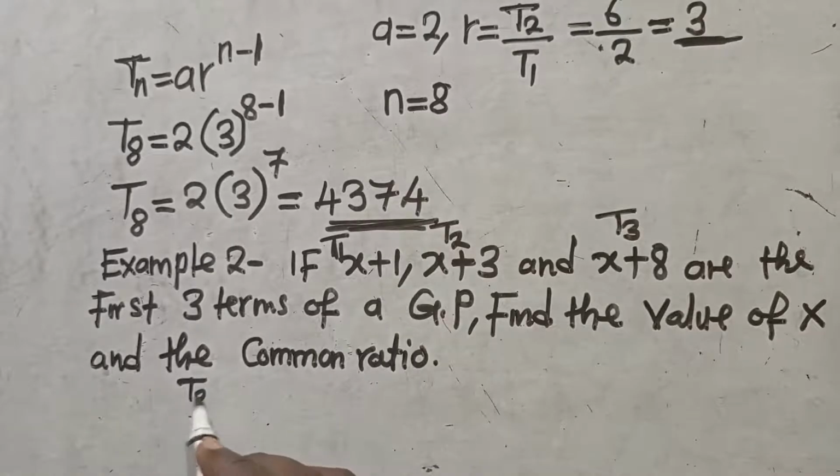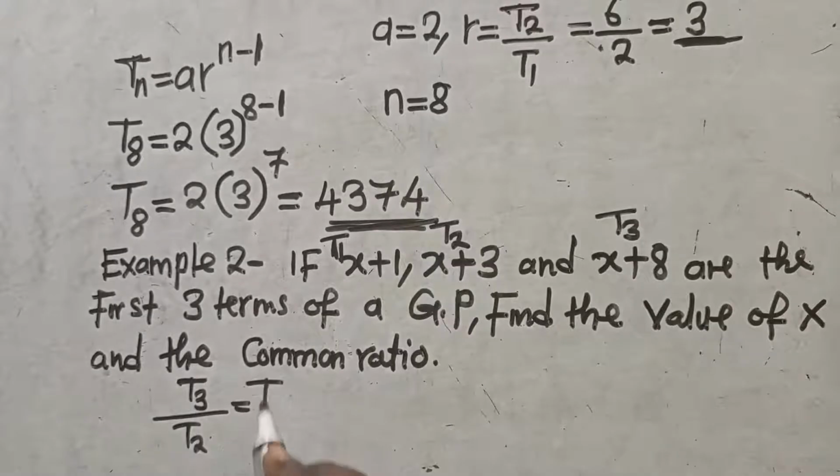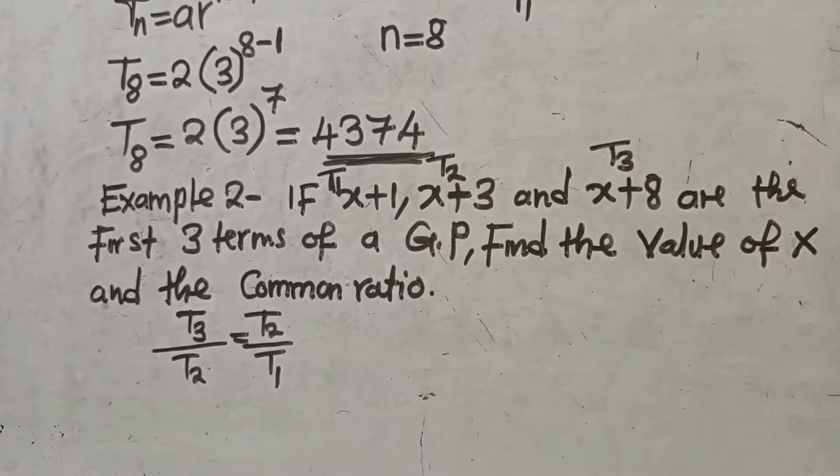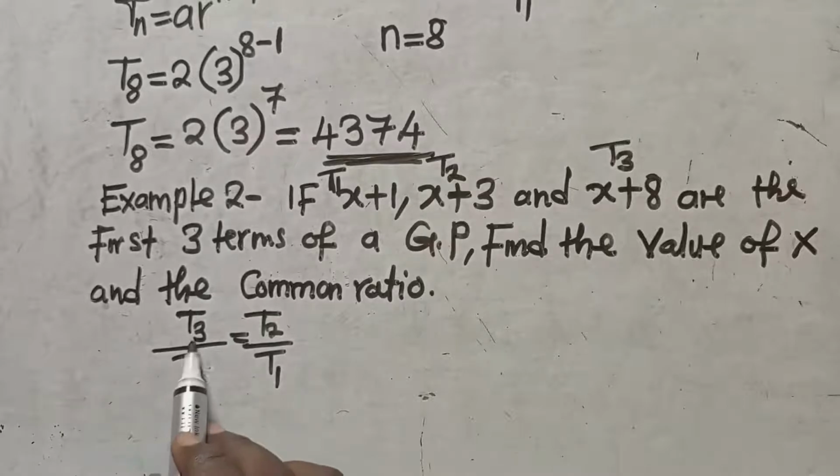You are going to say T3 over T2 is equal to T2 over T1. This is a formula you need to use whenever you are given that particular question. T3 is what?